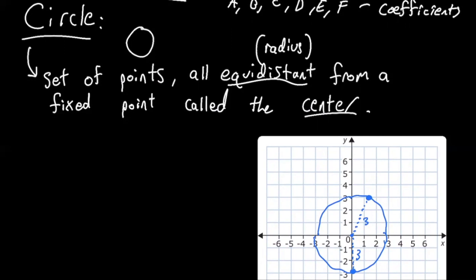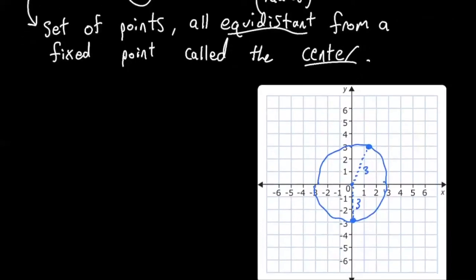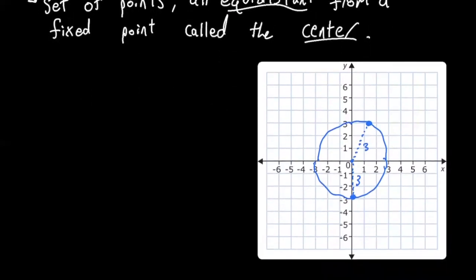All right, next we're going to look at the equations for circles. And instead of just giving you the equation, what I want to do is take a look at the circle that we drew and use that to help us find the equation. Let's say that this point is x1, y1, or we could even just do xy.